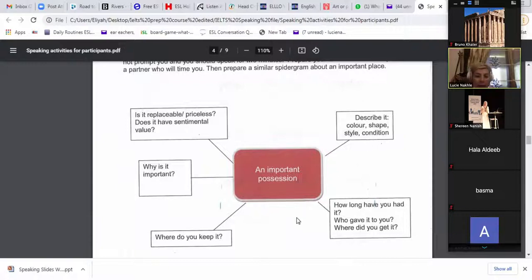The reason behind this exercise is that you can add questions or features that are relevant to this particular item, which will elongate your speech, just make your speech a bit longer. Now what I'm going to show you next is the most important tip that you could use, okay?